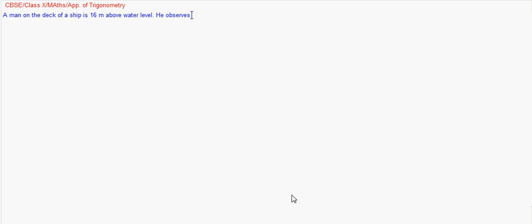He observes that the angle of elevation of the top of a cliff is 45 degrees and the angle of depression of the base is 30 degrees.